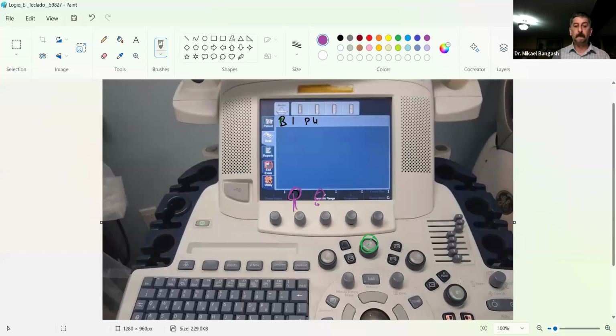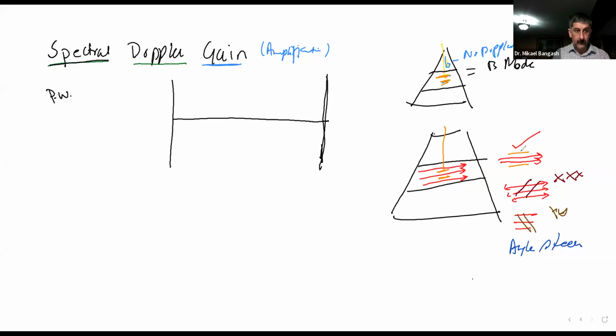But you have to make sure that your angle, the window or the sample volume, is going to be like this in relation to your blood flow. That mainly just makes the same point.